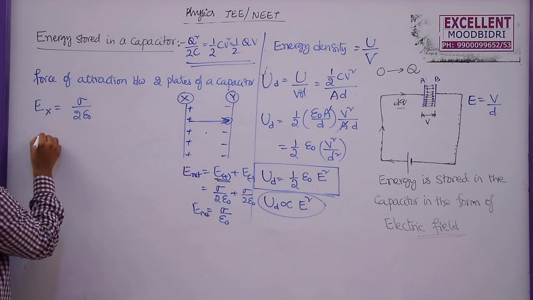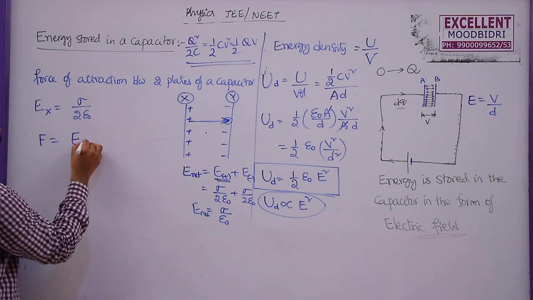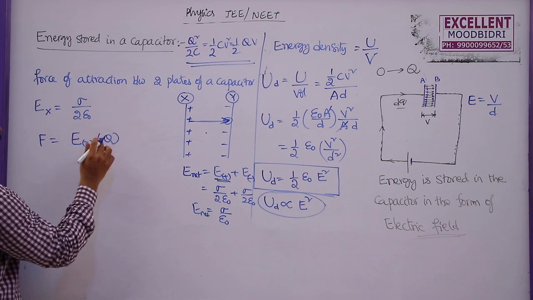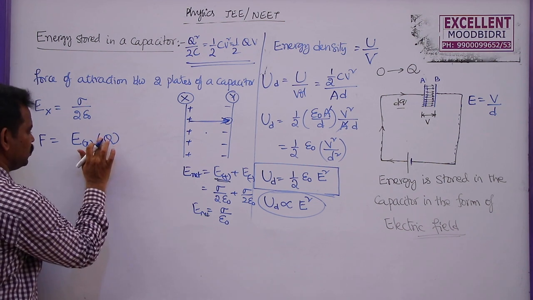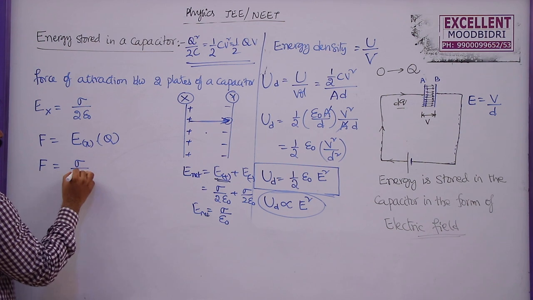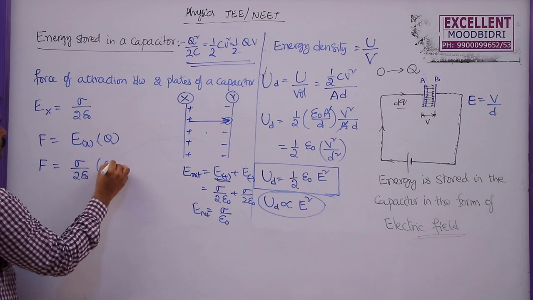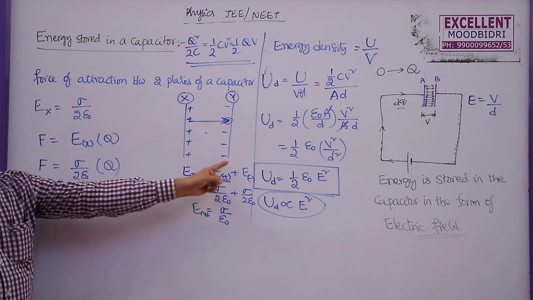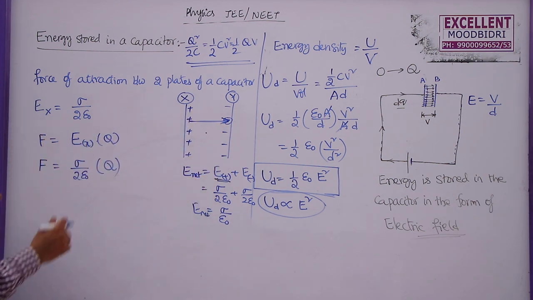So, the force is given by the electric field due to plate X into the charge there. This is minus Q, but I am taking only the magnitude here. Now, F is equal to sigma by 2 epsilon naught into Q. So, this is the force between this plate and the charge on this plate. That is the force between the two plates.